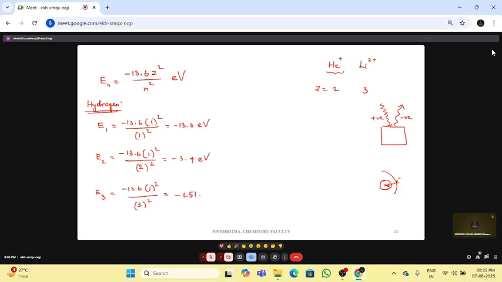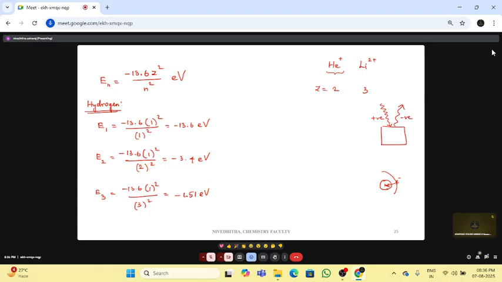Okay Kanna, now tell me, as the value of n increases, what is happening to the energy? Is it getting increased or decreased? From minus 13.6, it is getting converted into minus 3.4, and then into minus 1.51. So the energy is getting increased, right?